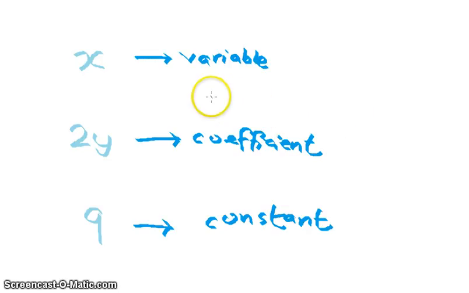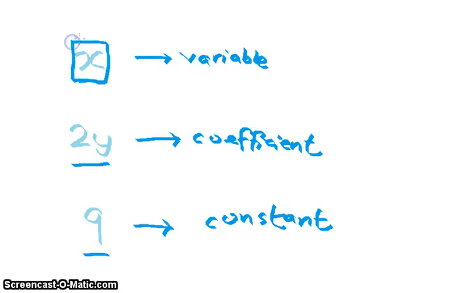So long as there's an alphabet and no number beside it, it is a variable. If there's a number beside an alphabet, it's a coefficient, and if it's a number by itself, it's a constant. These numbers are like a gang of their own. They can only talk to the same gang.